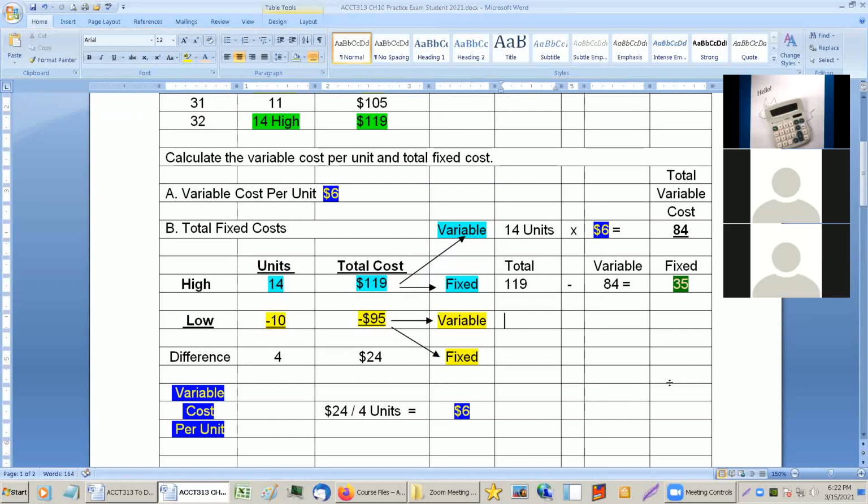Okay, so we had 10 units times, I'll copy this, I guess.